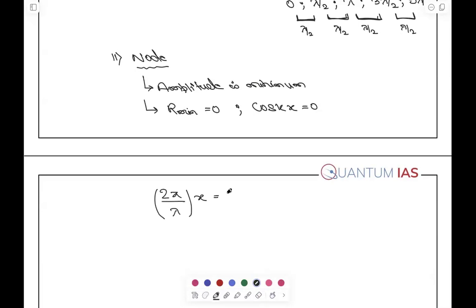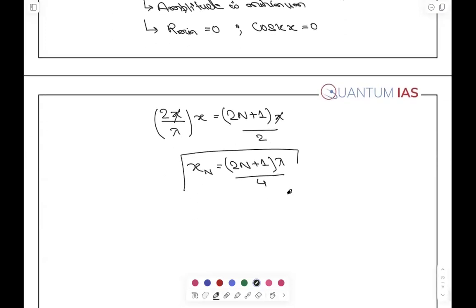When does this become 0? At any odd multiple of pi by 2, that is 2n+1 times pi by 2. So pi and pi cancel out. From here, x node n is equal to 2n+1 times lambda by 4. So at lambda by 4 you get this one.